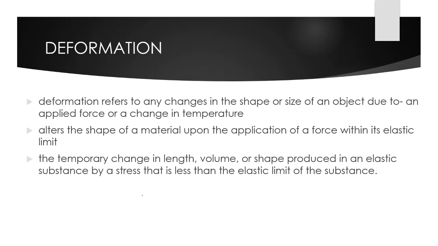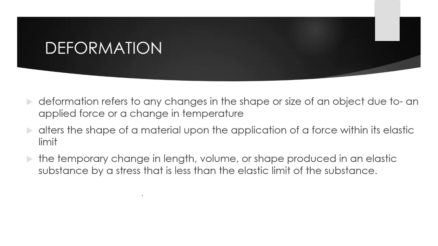We also have the definition of deformation. Deformation refers to any changes in the shape or size of an object due to an applied force or a change in temperature. For example, if it's too hot, or it's at boiling point, there will be some objects that will deform or will melt.